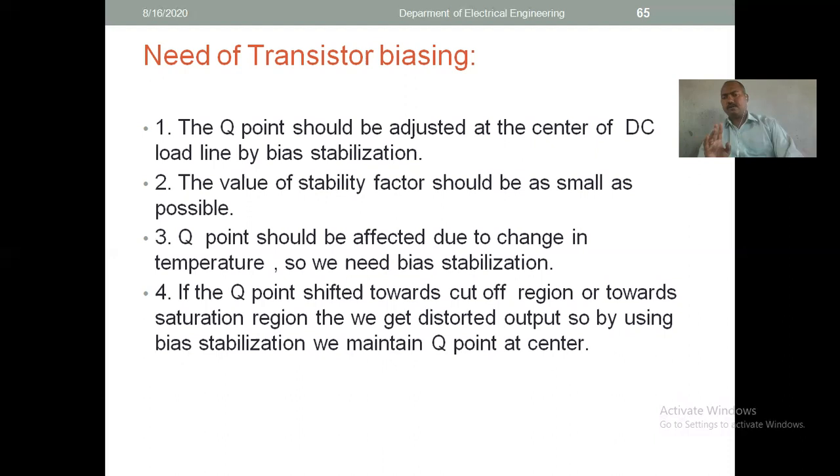According to these three operating points, the device should work, right? When we have to work in the lower, cutoff region, your device should work as fully off, right? When it is at the center of the load line, it should act as an audio amplifier, right? And when it is upward, in the saturation region, it should act as a closed switch, right?